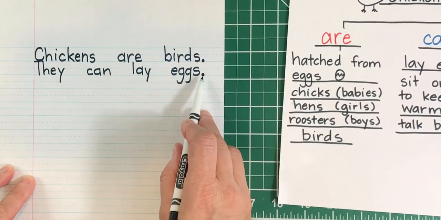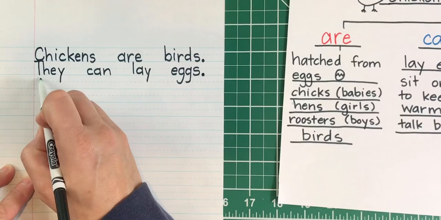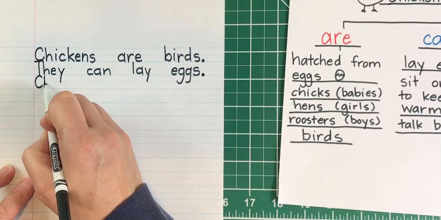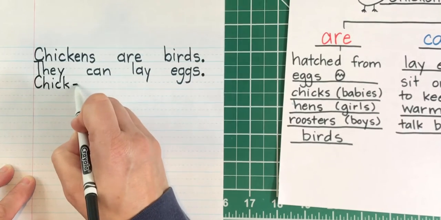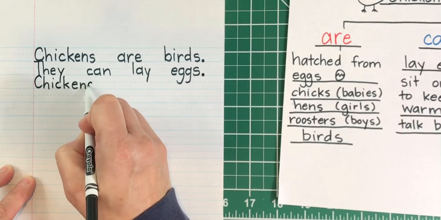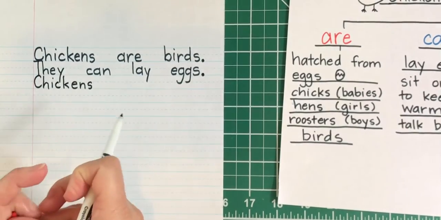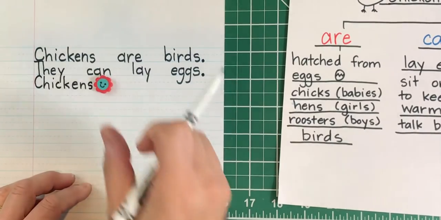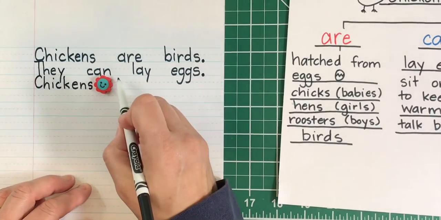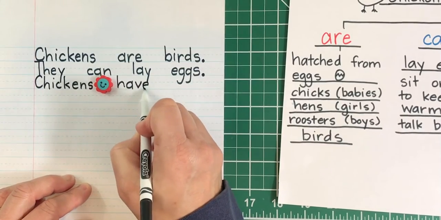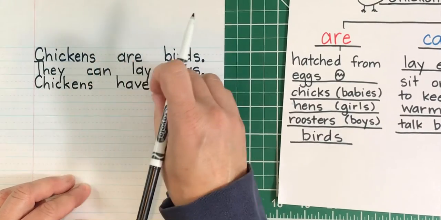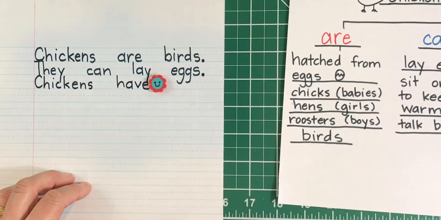Starting with a capital, since it's a new sentence. Ch, I, k, and s. Chickens, my space, have. We know the sight word have. Chickens have feathers.